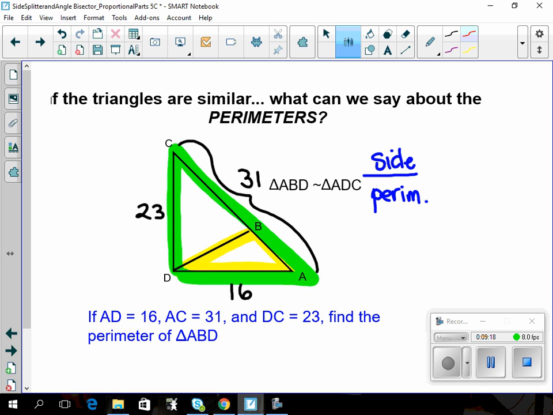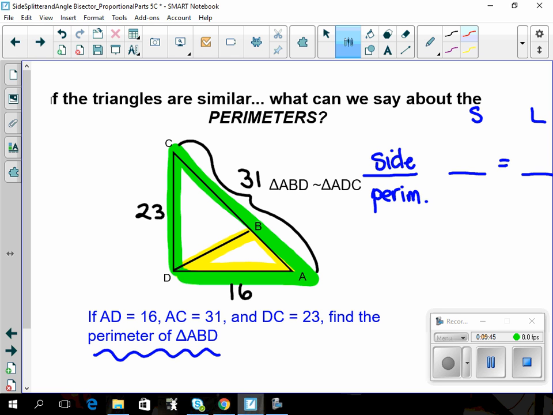In my case, yellow and green, but let's call them small and large, so you might have different colors. And let's write a proportion to help us find the perimeter of ABD, which is the perimeter of the small one. This is what it's asking me for, right?